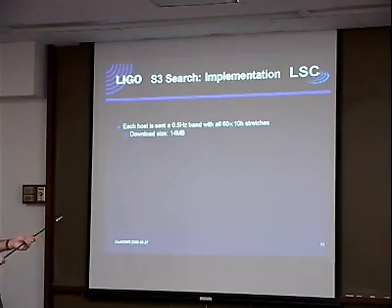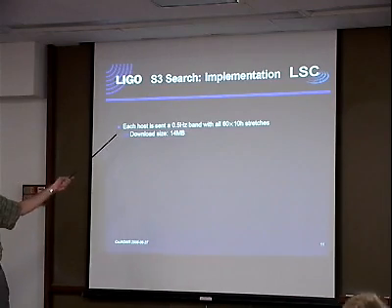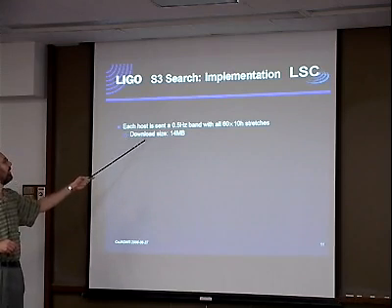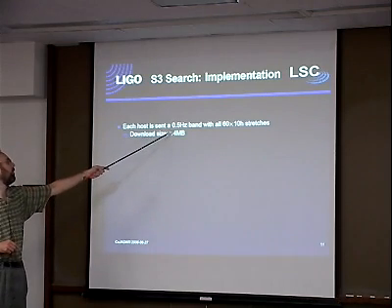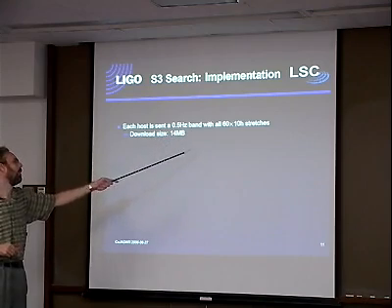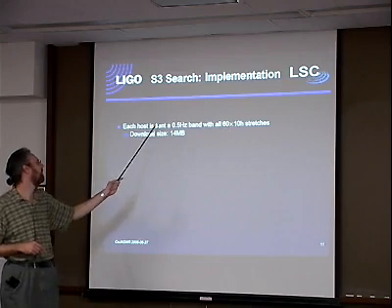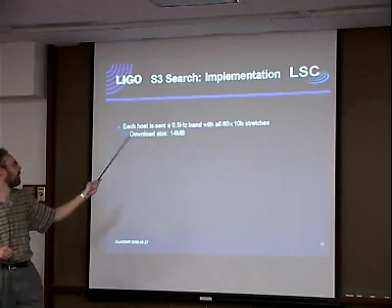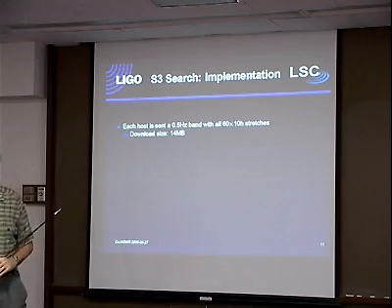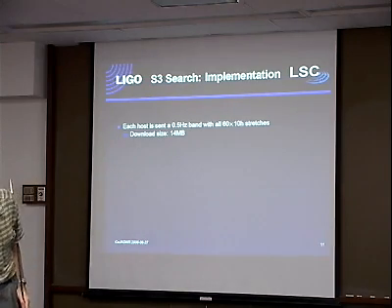So the implementation of this is that we send out to each host a particular half-hertz band with all 60 10-hour stretches in that band, which forms a file with a size of about 14 megabytes.